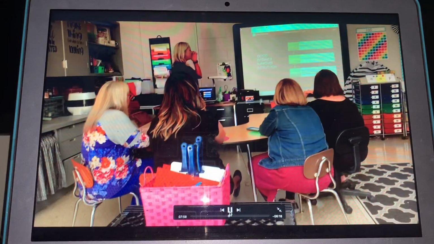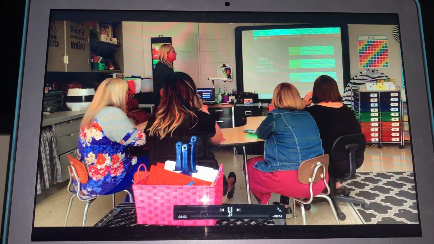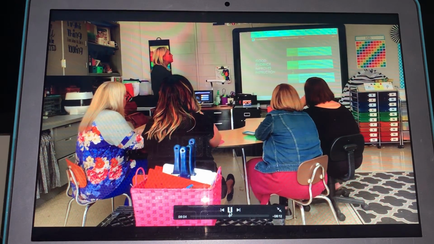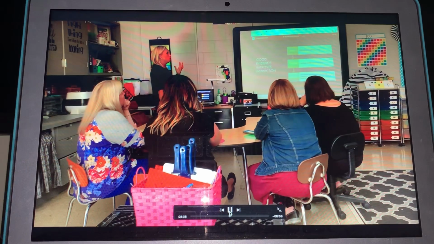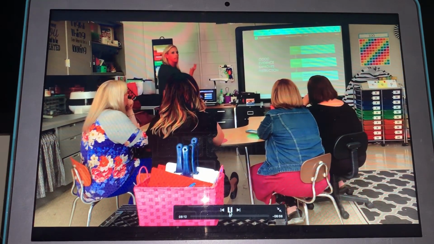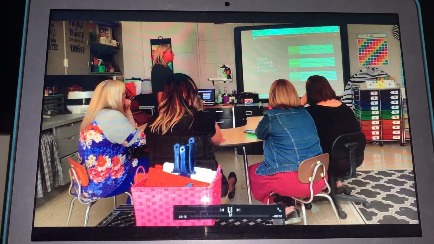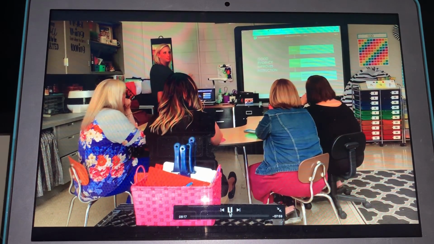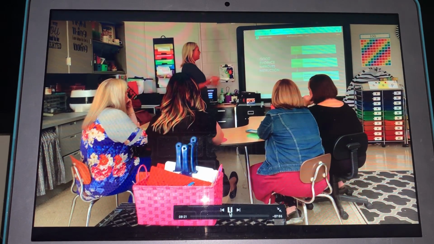Okay, assessments provide us with good evidence, and that evidence helps us to improve our instruction. So these are just some things that we need to keep in our minds. We need to know our learning goals and keep those in mind when we're creating and coming up with assessments. And we do a good job of that by making sure that our learning goals are on our lesson plans, so that we can keep that in the forefront of our mind the whole week before they even take the assessment.